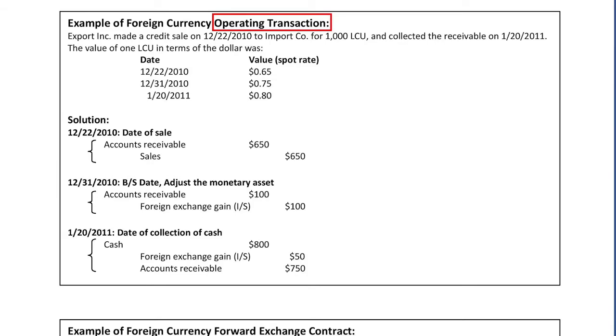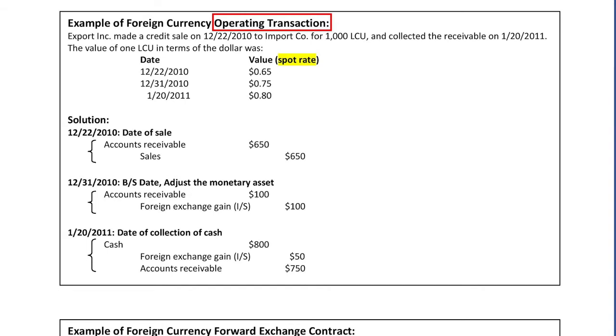Now this example talks about Export Inc. making a credit sale on 22nd December for 1000 local currency unit and the receivable being collected on 20th of January next year. Now we are looking at highlight spot rate. On 22nd December it was 65 cents. On 31st December that was 75 cents.